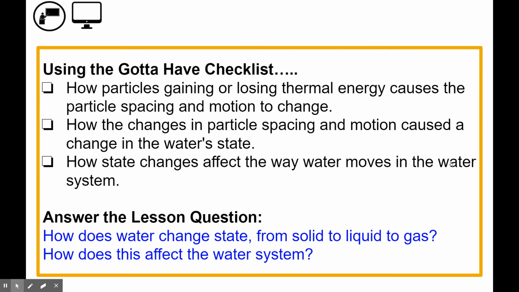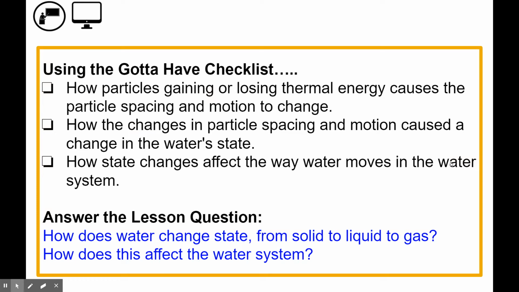Think about how those changes cause the change in state, from solid to liquid, liquid to gas, gas to liquid, liquid to solid. And also think about how state changes affect the way water moves in the water system.